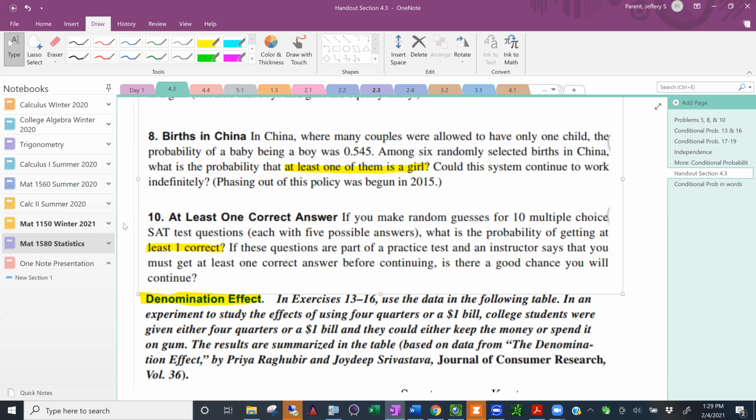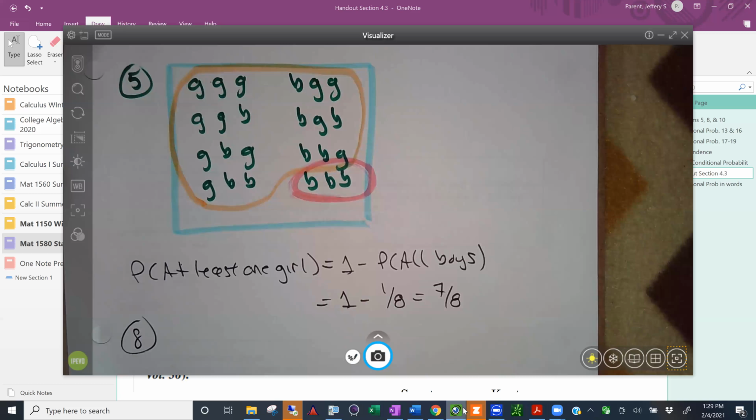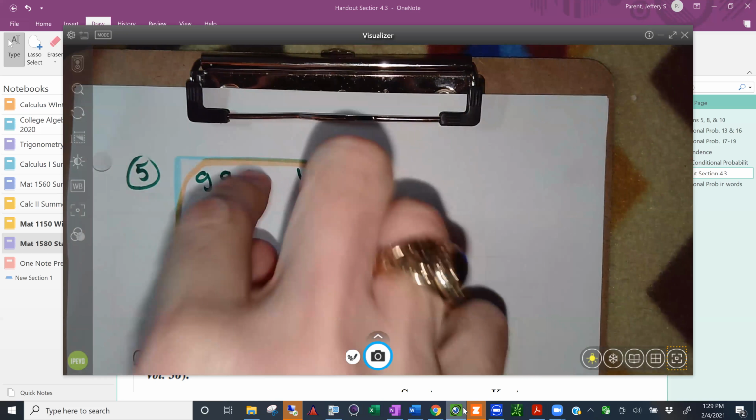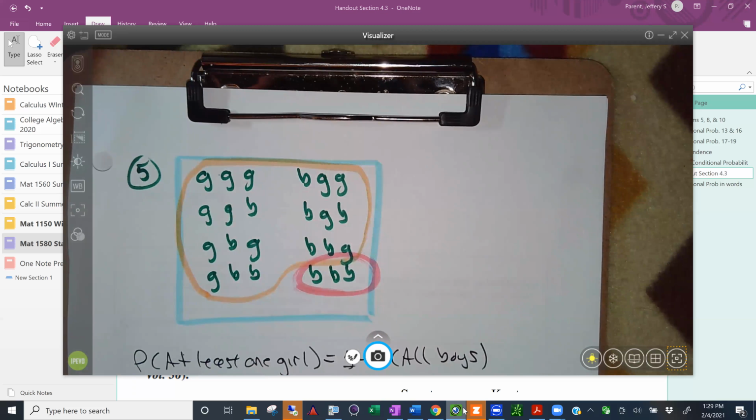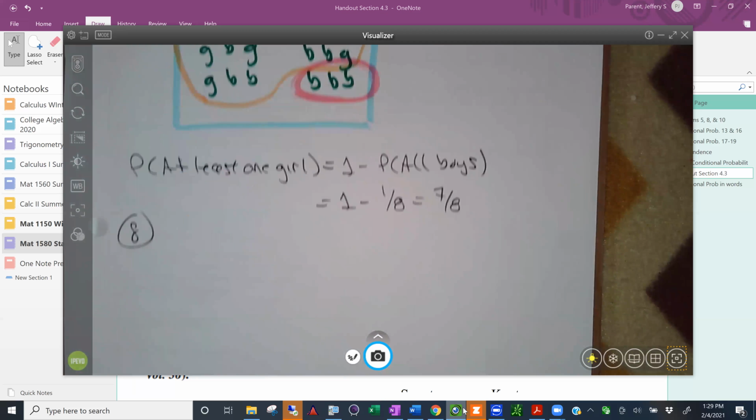Now, writing down the sample space here would be a real pain. And it's not really going to help you much because those points in the sample space aren't equally likely. So I can't just do 1 divided by however many, in this case it'd be 64, like I did with the last problem.